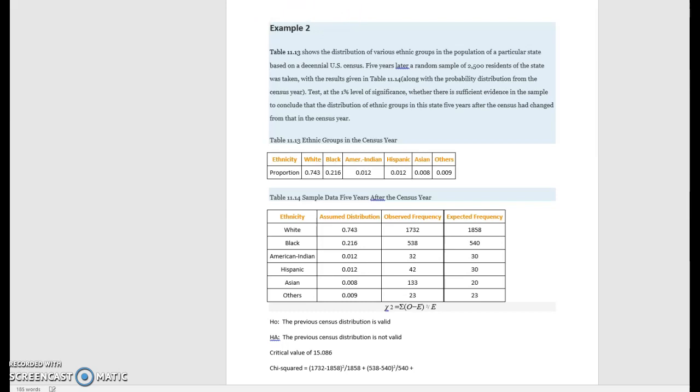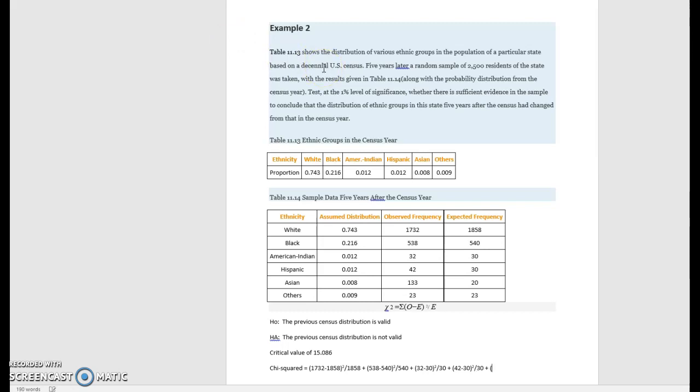And then the next row, we're going to have 32 minus 30 squared divided by the 30, our expected value, except I can't type. And then if we go to our fourth row, we're going to have 42 minus 30 squared divided by our expected value of 30.